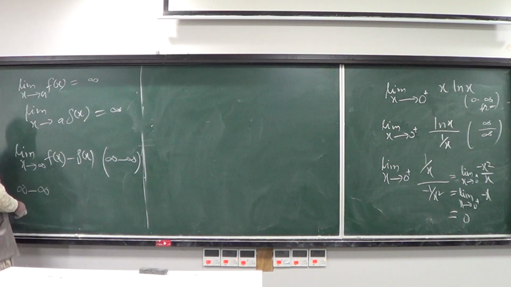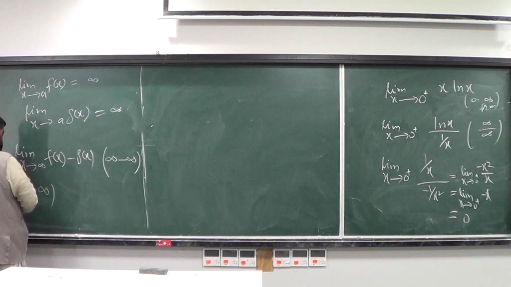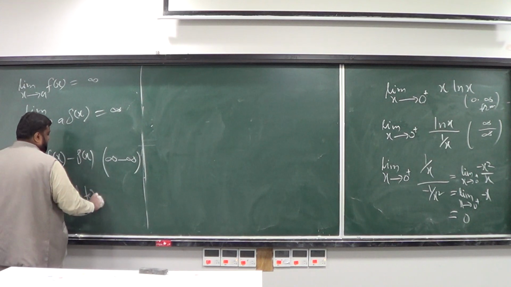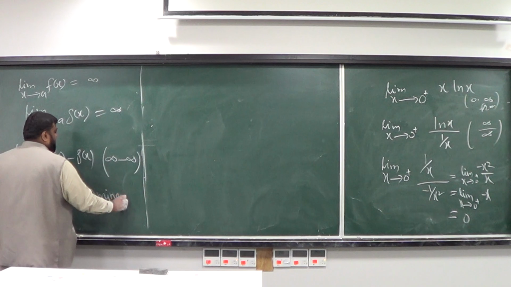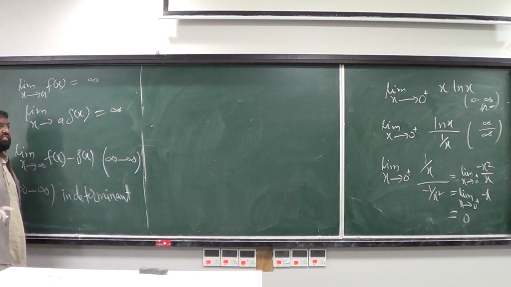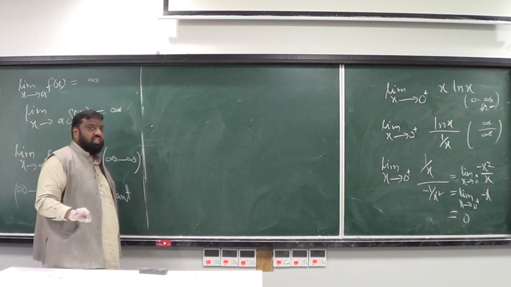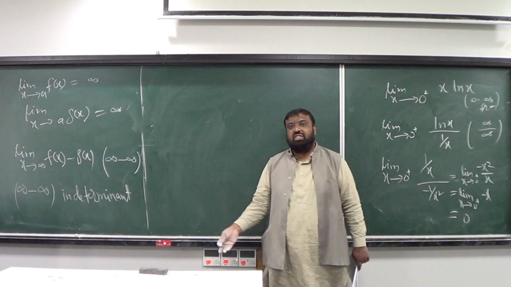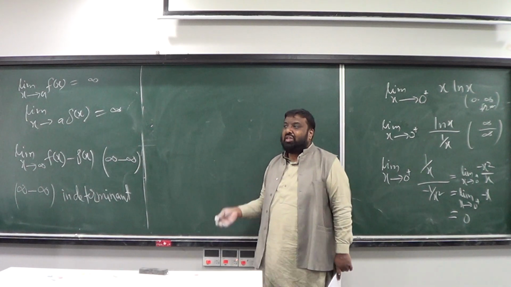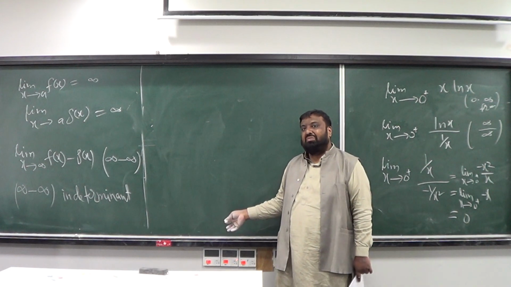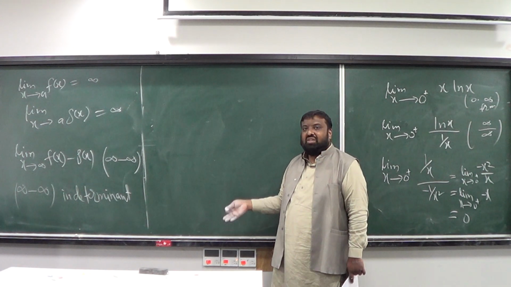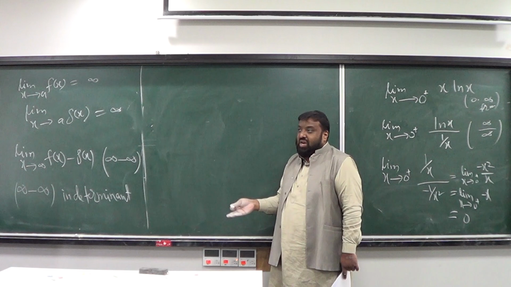So this is the fourth form, infinity minus infinity, an indeterminate form. Why? You can't say infinity minus infinity is 0. You might say infinity plus infinity is infinity, but infinity minus infinity, you can't say 0 actually.